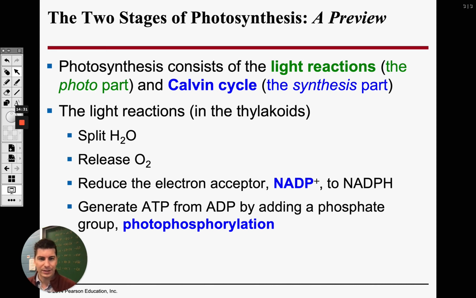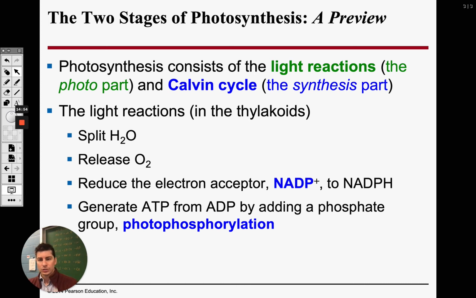Instead, we have the light reactions and the Calvin cycle. If you say dark reactions, people think it has to happen in the dark. No, no, no. The Calvin cycle can still go on during the day. They just don't need light for the Calvin cycle to occur. So the Calvin cycle can occur any time, whether light is present or absent.